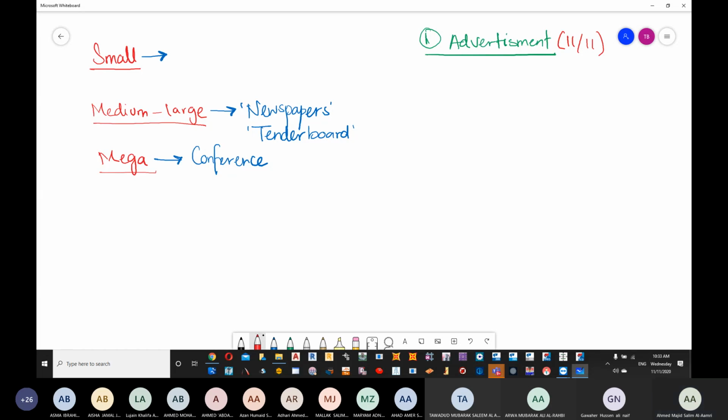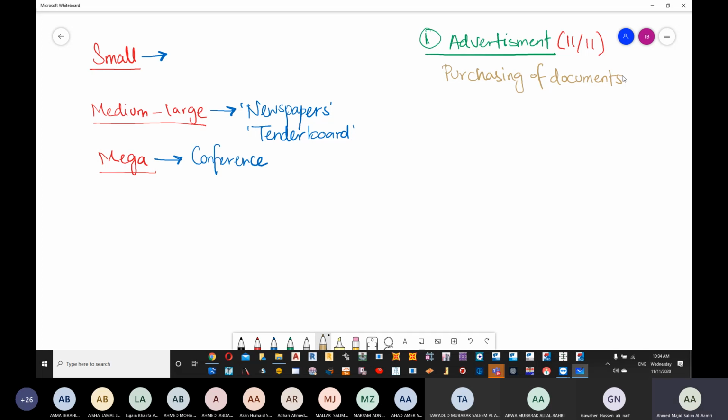So normally when it comes to advertisement, there is purchasing of documents. If you go to the newspaper, you will see that they are advertising for this particular project, and they will tell you that if you want to bid, you need to go and purchase the documents.